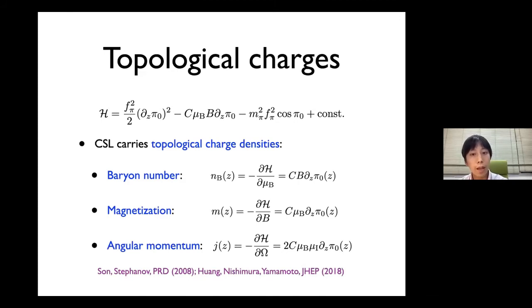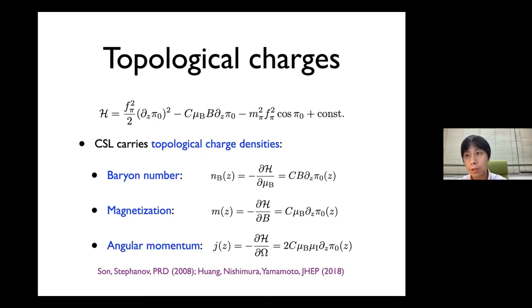The baryon number density, NB, can be obtained by taking a derivative of the Hamiltonian with respect to the baryon chemical potential mu B. So from this anomalous term, if you take a derivative with respect to mu B, you get this term. And also, magnetization can be obtained by taking a derivative of the Hamiltonian with respect to the magnetic field. And from this anomalous term, you get this one.